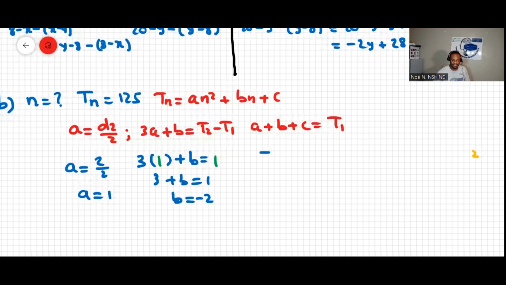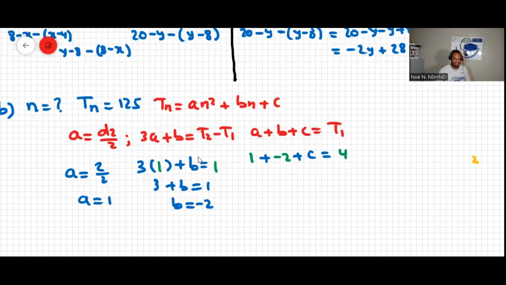Then we also have a plus b plus c equal to t1. T1 is 4. Let me substitute. A is 1, b is negative 2, and that is 4.